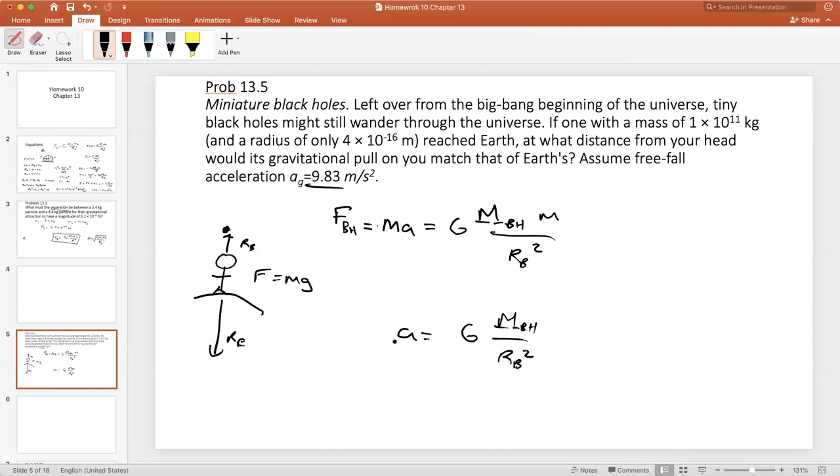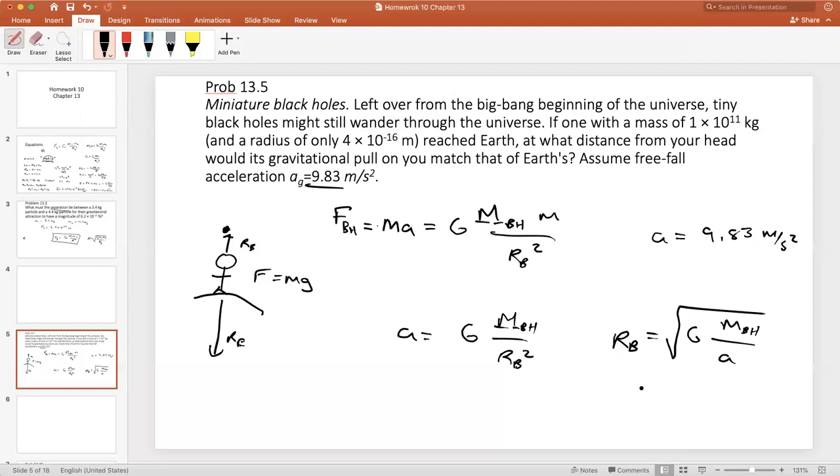If we assume, though, that A has to equal g, so we're assuming that A will be the same for the black hole and for Earth, so there's no net gravitational force on you. So if we assume this is 9.83 meters per second squared, we can find RB as the square root of G times the mass of the black hole over A, or little g if you want.